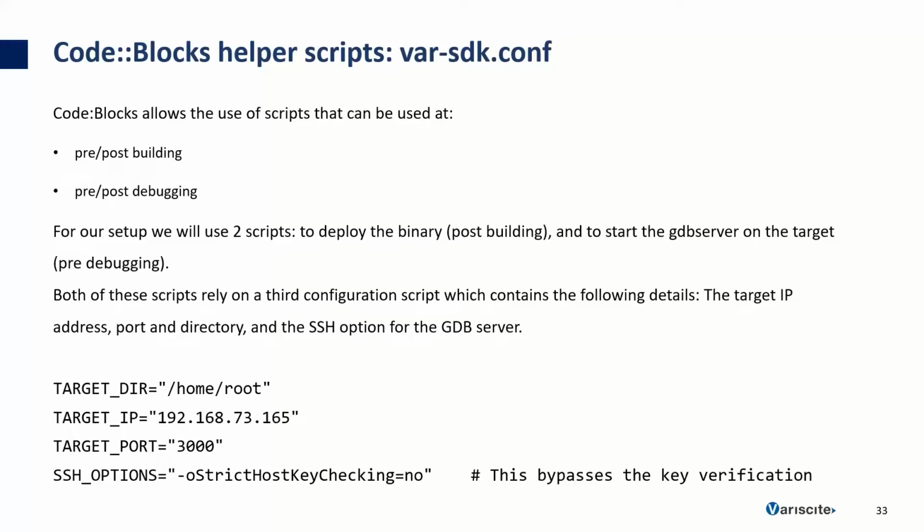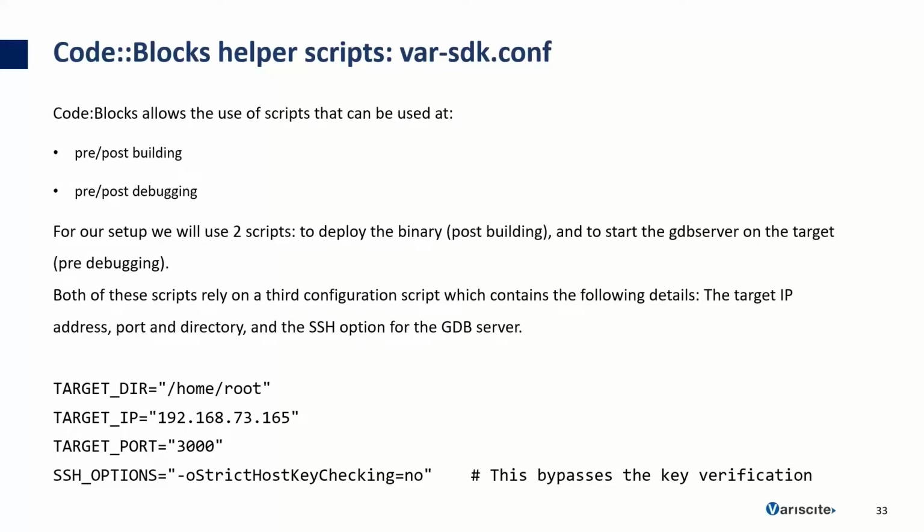First of all, we create a kind of configuration file that will include the basic configuration. I mean, the folder on the target that will host the application binary, the target IP, the port used to communicate with the debugger. And there is also here an additional SSH option that is used to bypass the key verification and speed up the connections.